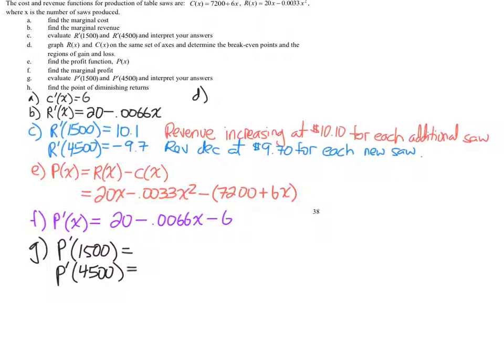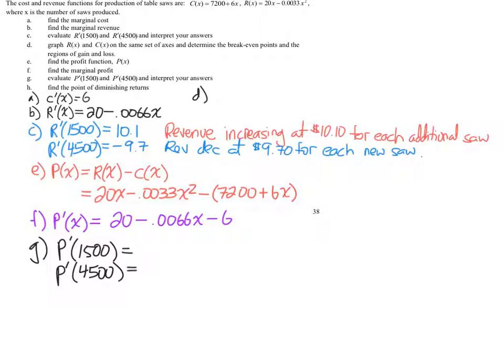So somewhere between 1,500 saws and 4,500 saws, we went from a good situation to a maybe not so good situation. Right, so we've hit somewhere along the lines a point of diminishing returns where we're no longer increasing our revenue by increasing the number of saws we produce.